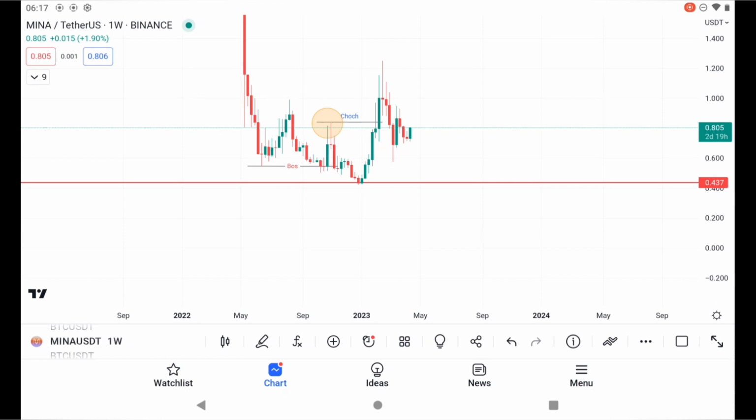Now, price came back here. Just watch closely. Price took out this lower high and closed above it. February 23rd. That was when we had a confirmed break of structure and the price retraced downwards.